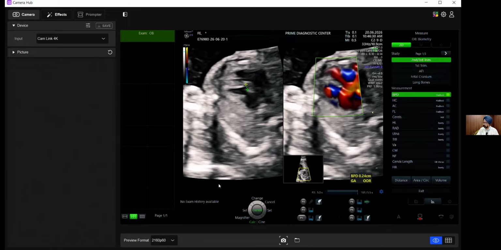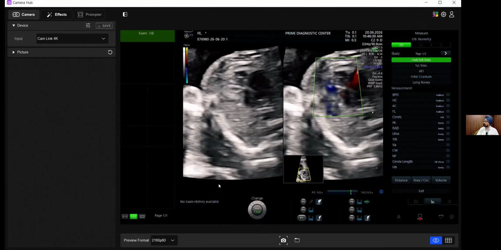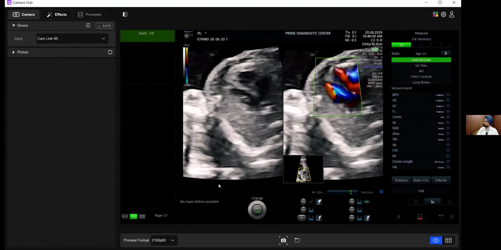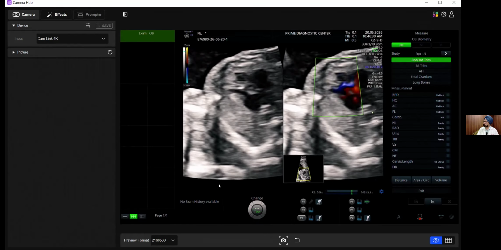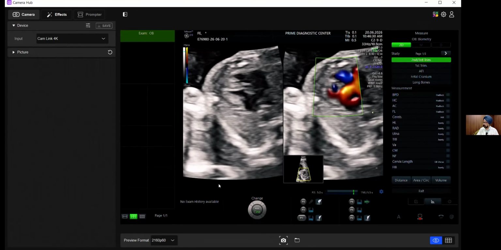And then I go to cine again and try to measure the VSD, because the color obviously overflows from the VSD, so it generally overestimates it. So let's take a measurement of the VSD here, and what we do here is that we take a distance, and that is what I would say is the size of the VSD.